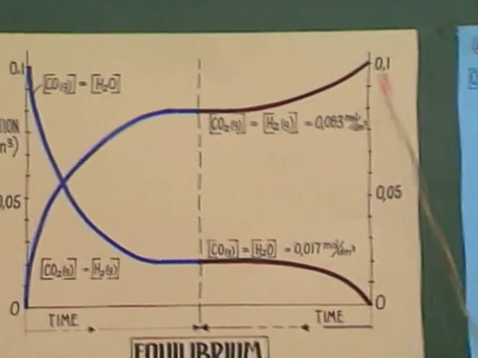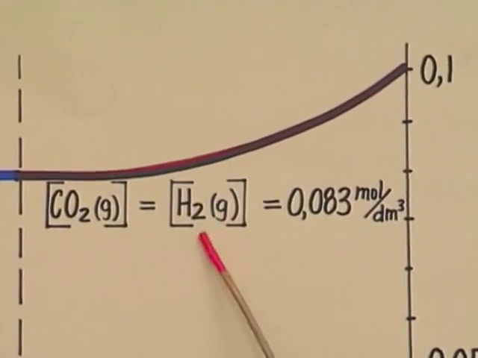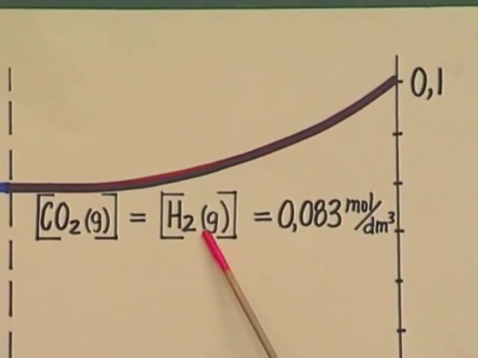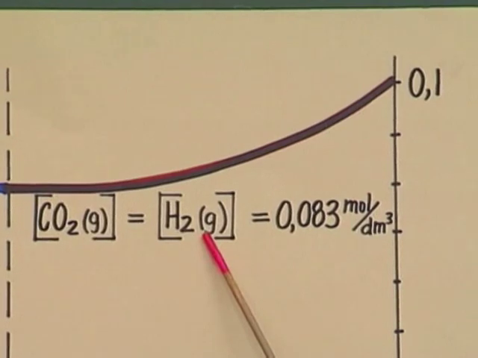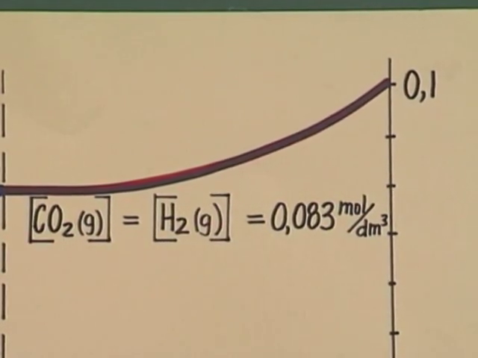If we start with 0.1 mole of carbon dioxide gas and 0.1 mole of hydrogen gas in a 1 cubic decimeter container at 330 degrees Celsius, the same final equilibrium concentrations are attained.